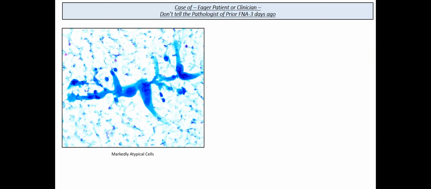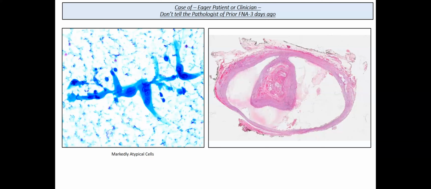I was very worried about this case because when I was consulted, I asked, what is the history? This patient had gone through 2 different FNAs in the course of about 2 weeks, and this sample was taken 3 days after the prior FNA. This is the histology of this nodule, completely infarcted.